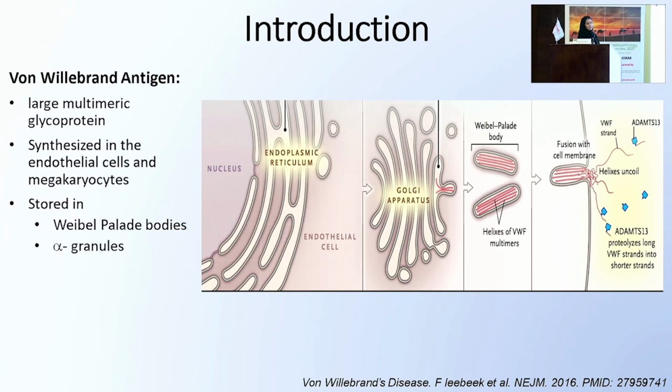It starts with the synthesis of the protein, transportation, multimerization, and dimerization, and ends by release of an ultra-large molecular weight von Willebrand factor that is the most hemostatically potent form of the protein. ADAMTS13 is a very important cleavage protein that is responsible for cleaving those very potent components.